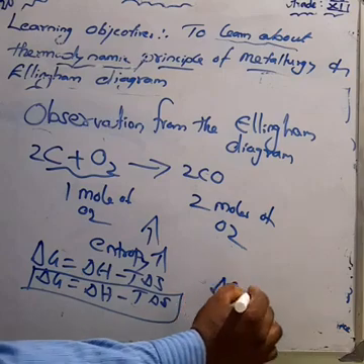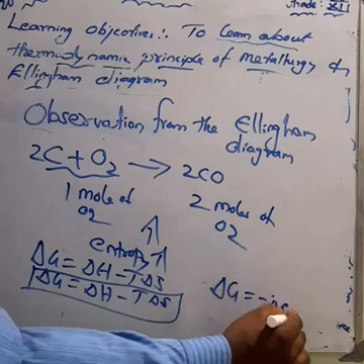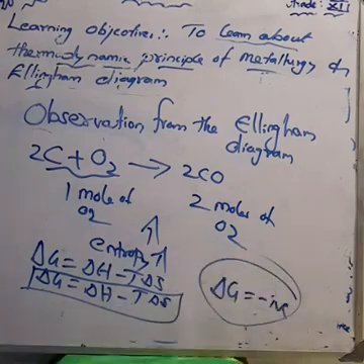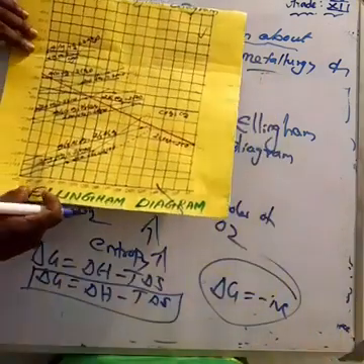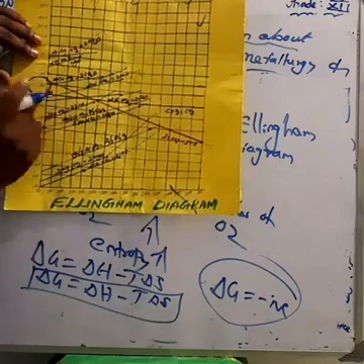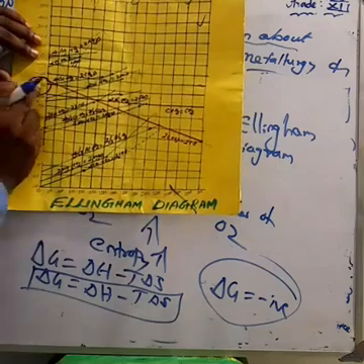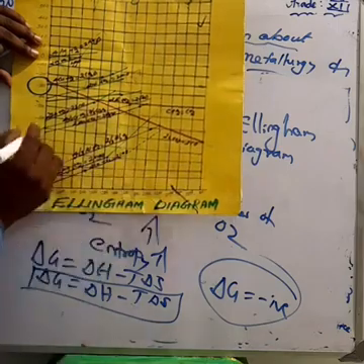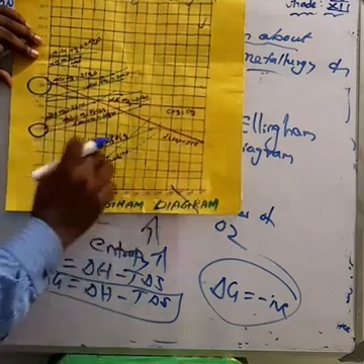Am I right? Please once again check that graph. In the graph delta G goes to negative. First the temperature is nearly minus 300 degrees Celsius. Am I right? It goes to about nearly minus 700 degrees Celsius.